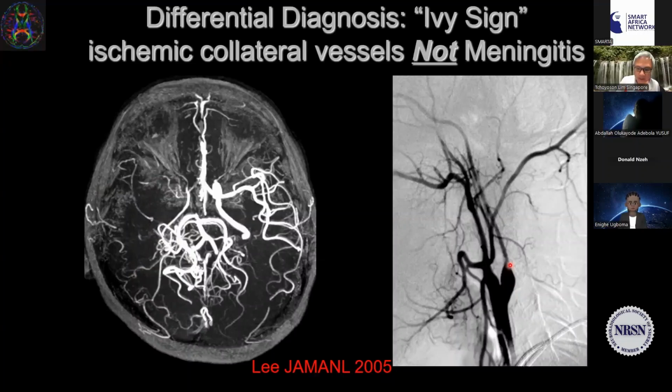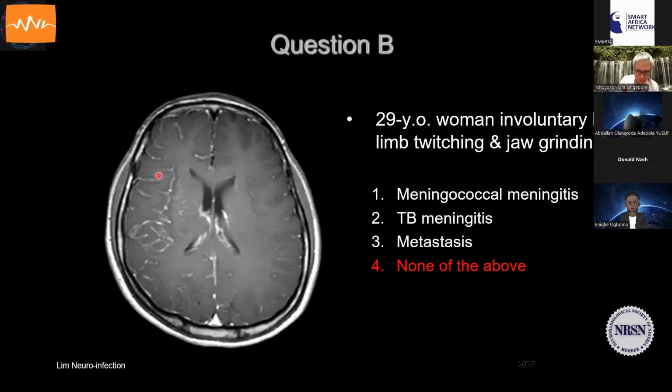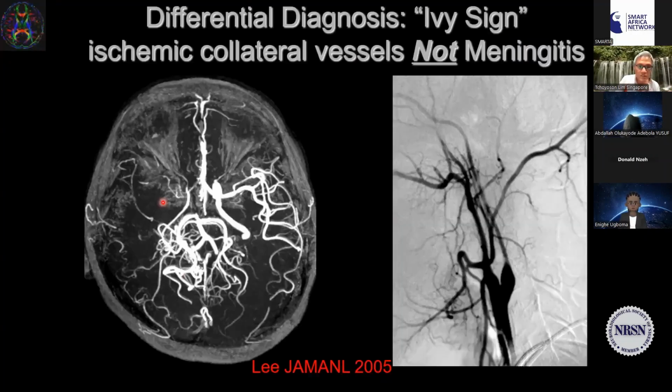This patient had a chronic dissection of the ICA, giving rise to pial collaterals. And this is commonly known as the IVY sign of abnormal contrast enhancement in the leptomeningeal spaces.